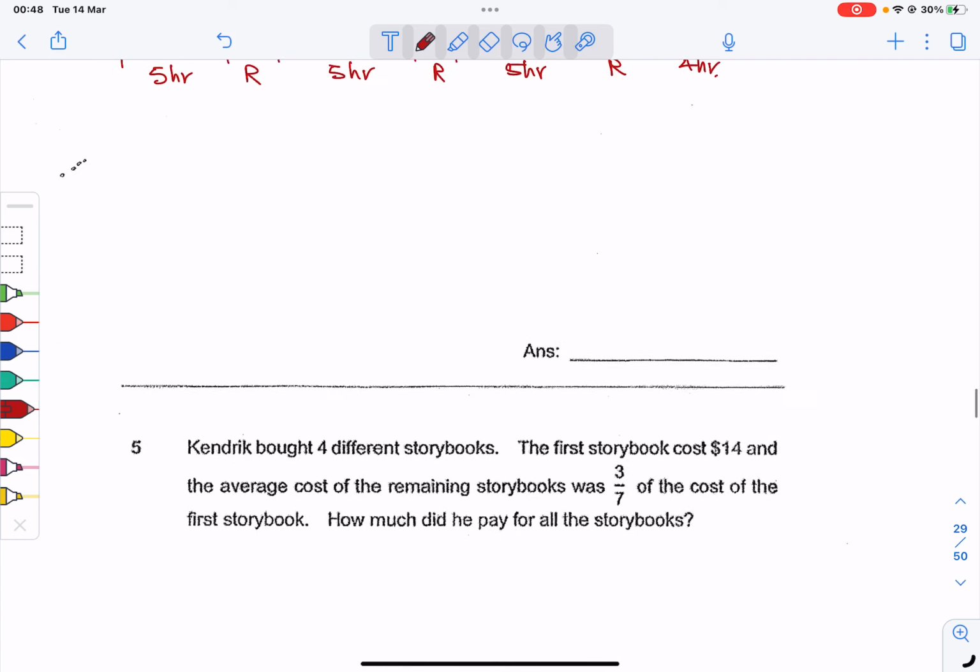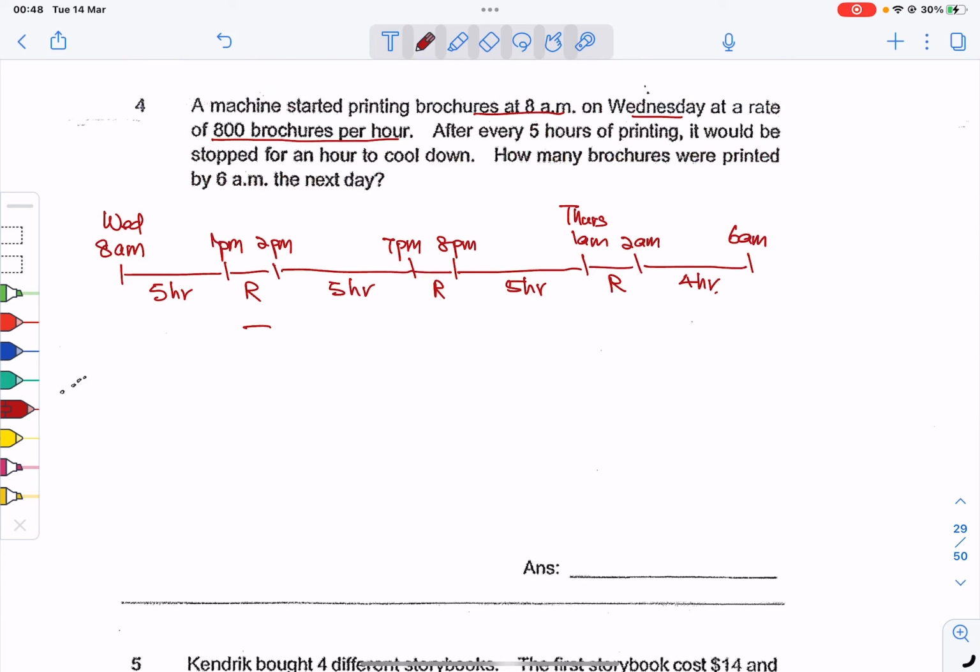So we'll check the total time. Total time will be 1, 2, 3 sets of 5 hours plus 4 hours. Total 19 hours.